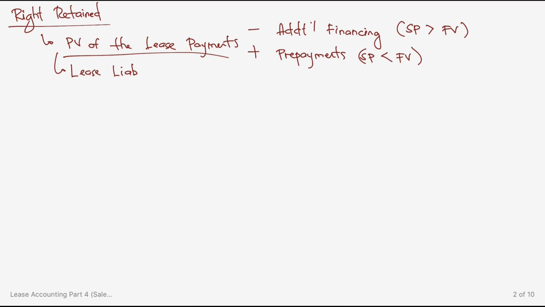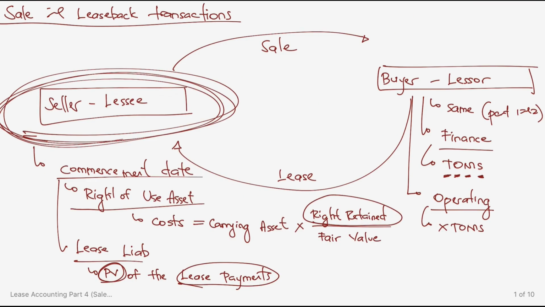And the prepayments, once again, is included in the present value of lease payment. That is why kailangan mo yung i-add back. So, plus prepayments po tayo dito. Maliwanag ba? So, that's the computation of the right retain. And once again, you need that computation in order for us to compute the cost of the right of use asset. Nagkakaintindihan pa ba?